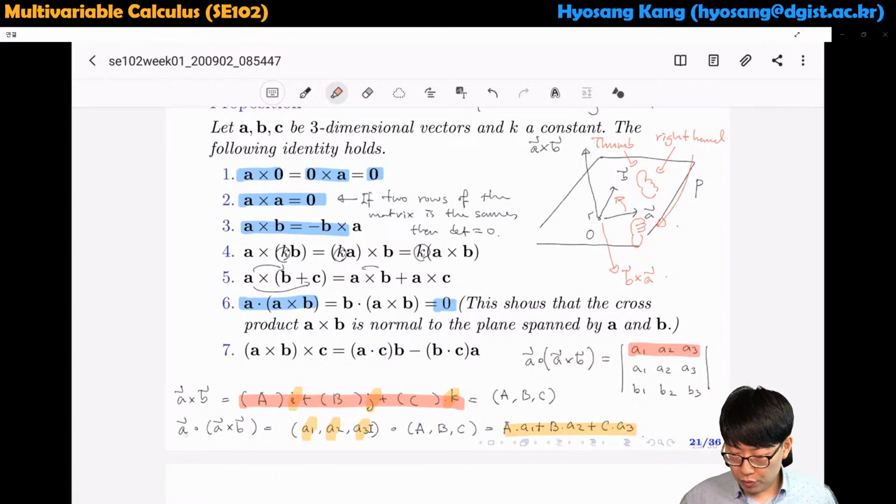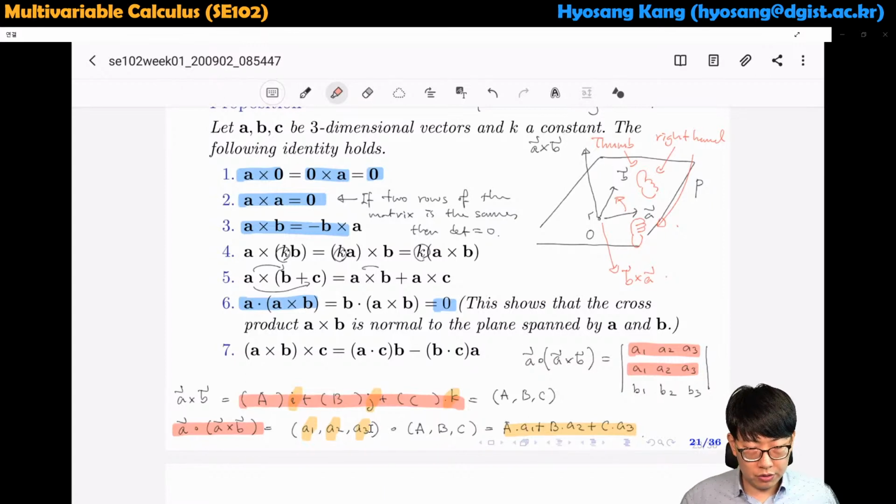But when we actually try to compute this dot product with A, I'm simply getting the same result by replacing I, J, K with the entries A1, A2, A3. So what I'm doing here is replacing I, J, K with A1, A2, A3. So what we get is A1, A2, A3 in the first and the second row.